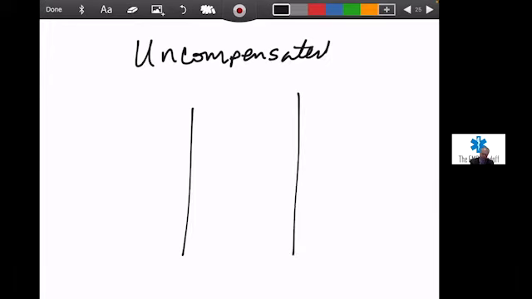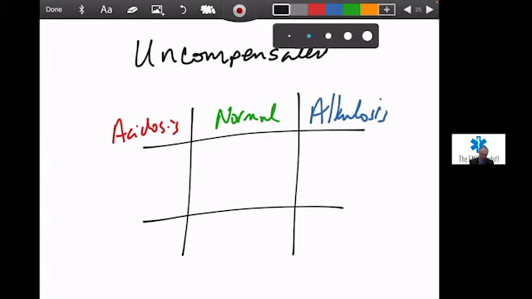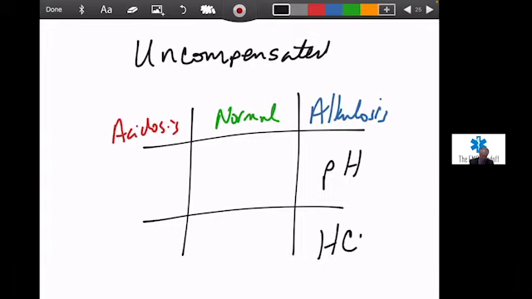We'll say that we've got a case that's out there, and we're just looking at what somebody drew. We're not worried about the exact numbers. We'll get back to the numbers in just a minute. But they've drawn this little tic-tac-toe board because they want to figure out what's going on. We'll take our last patient just to review that.